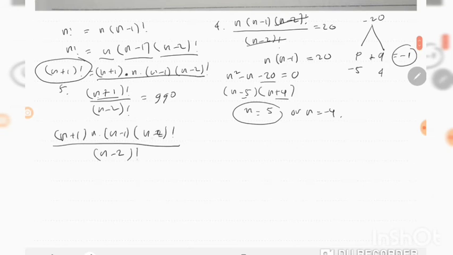Because we have n minus 2 factorial on both, you can cancel. So you have 990.